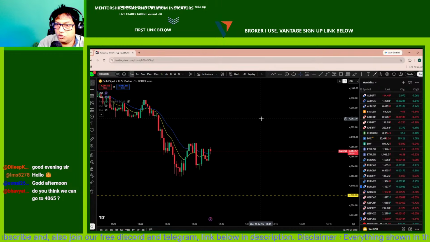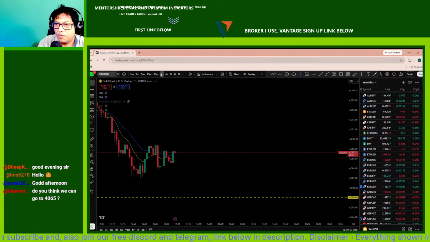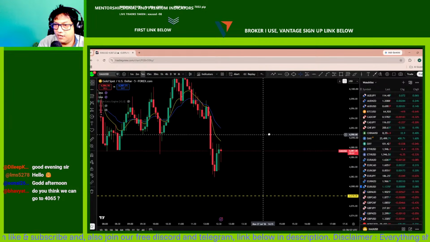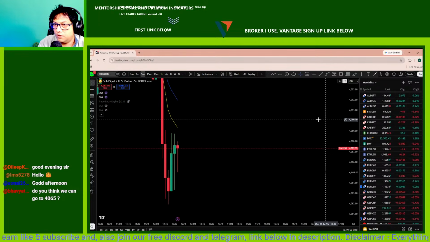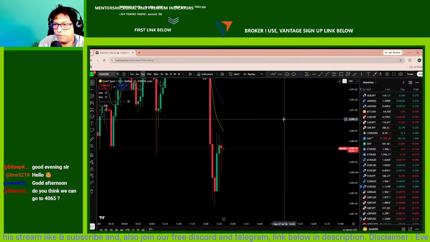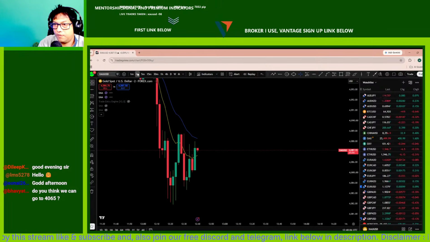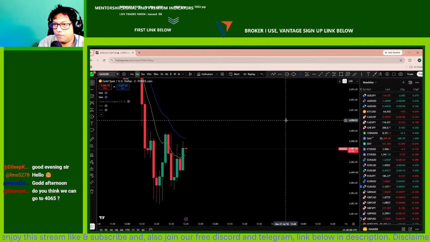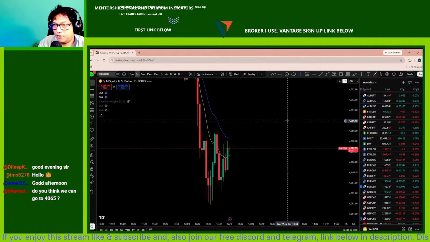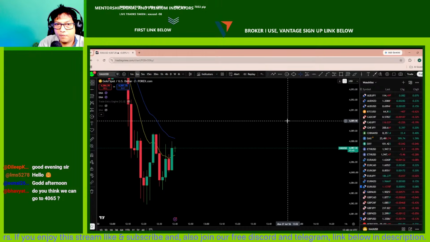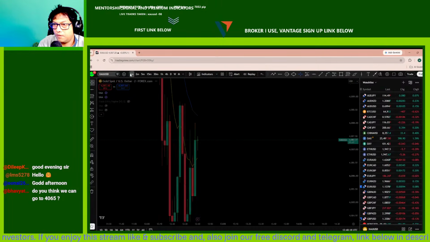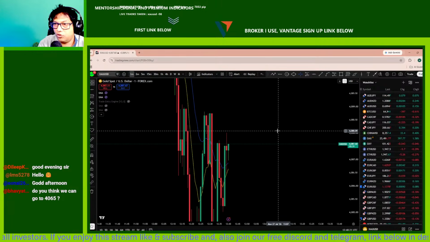Moving in a very narrow consolidation zone, I think most likely you would see this market form quite a few narrow zones.